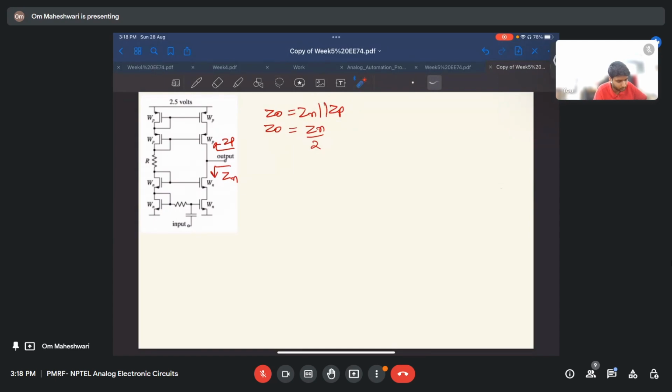It is because we have already found that the same current is flowing through this branch, and the mobility and mu into W factor is the same for both top and bottom. That is why the overall resistance is the same for both top and bottom. Okay, so anyway, let us find Zn.